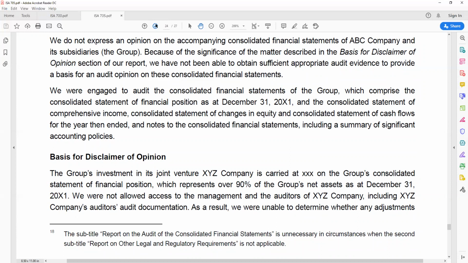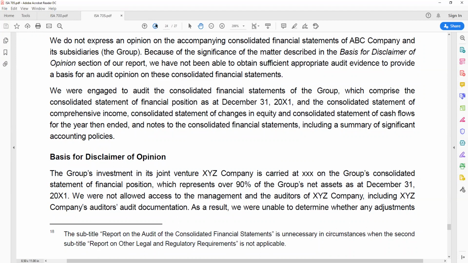We were not allowed access to the management and auditors of XYZ company, including XYZ auditors' audit documentation. In short, you are not able to carry out your audit on the accounts of this joint venture, and don't forget, the joint venture's assets represent 90% of the company's assets. If you are not able to audit 90% of the company's assets, what does it mean?